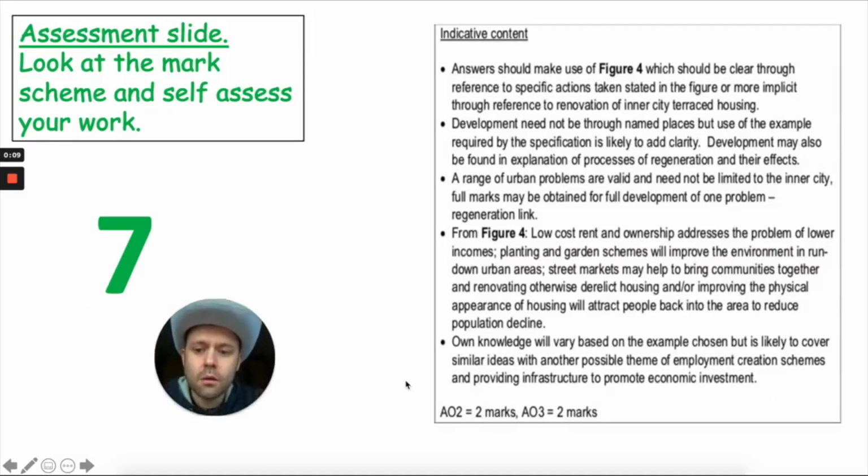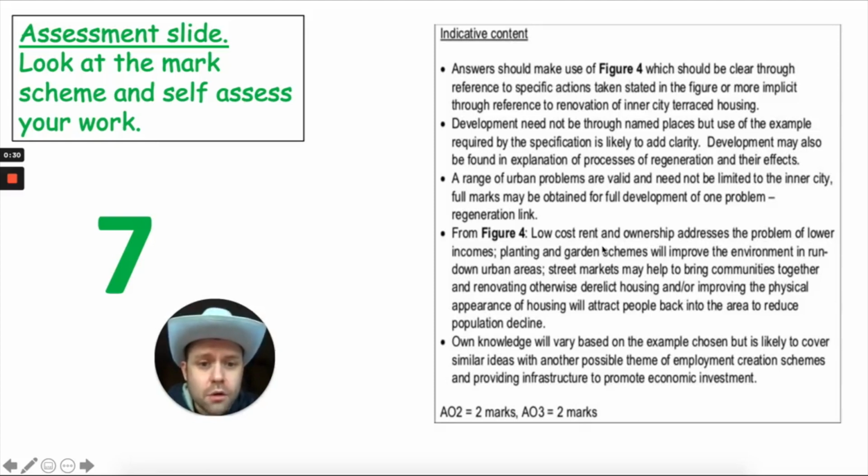Okay then, so we'll have a quick look at this mark scheme. Indicative content, again, exam speak for what you should be looking for. It starts off, answers should make use of figure 4, and that should be clearly referenced in your answer.